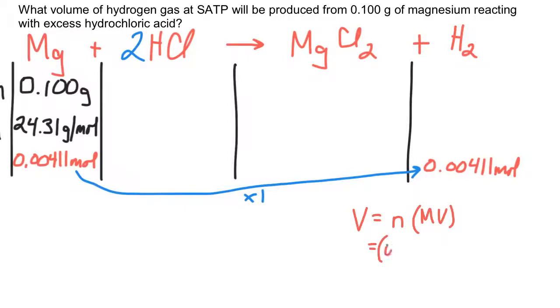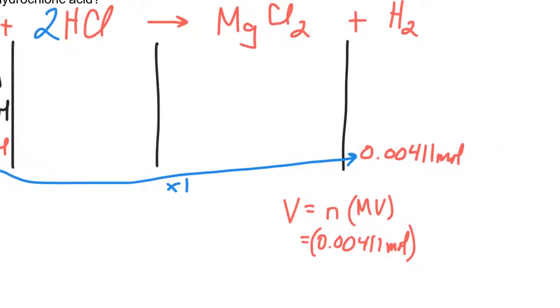So the number of moles is 0.00411 moles. And at SATP, you have to look up the molar volume. At SATP, it's 24.8 liters per mole. So I would just multiply those two values together, and I get 0.102 liters of hydrogen gas.